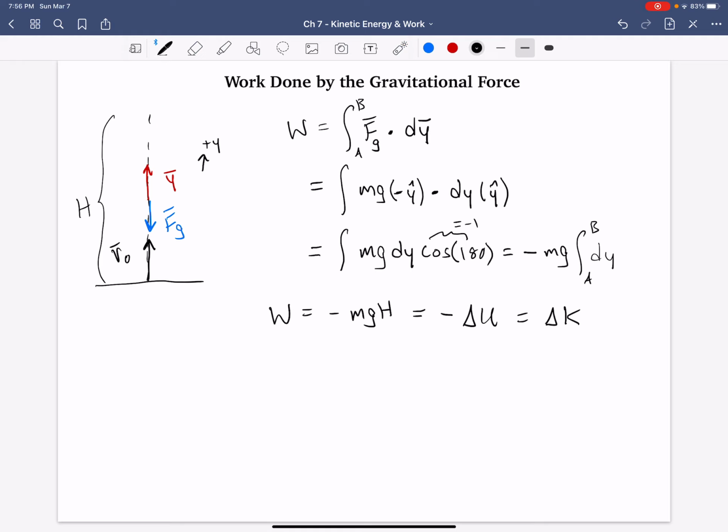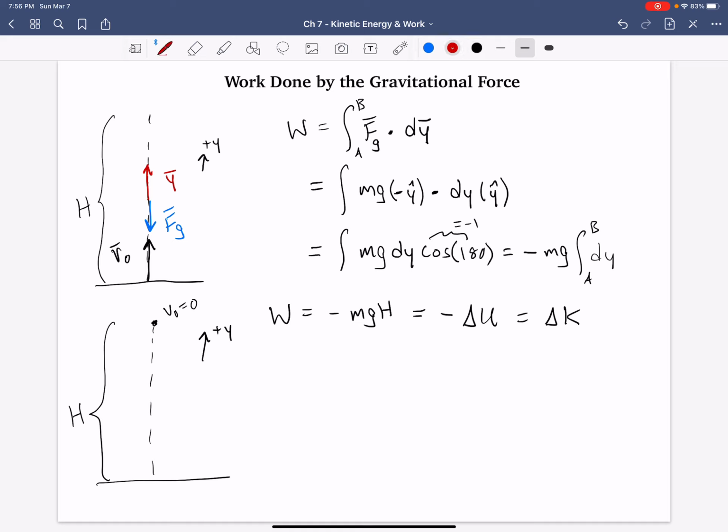Let's do that down here. It starts at some height h, and now it's going down. I'm still going to have up as plus y. As this object moves down, its initial speed is 0, since it went up to a rest.